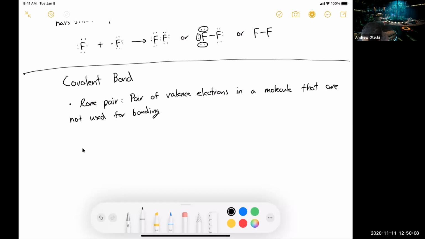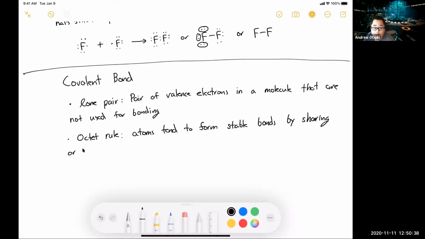Now let's talk about the famous octet rule. The octet rule: atoms tend to form stable bonds by sharing or transferring. In this case, sharing is for covalent bonds.